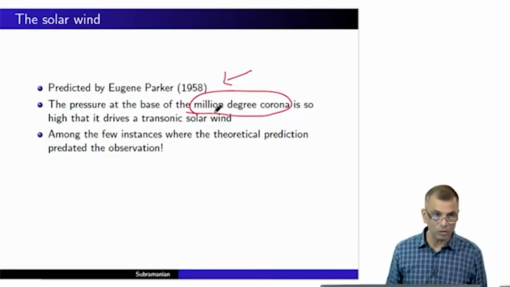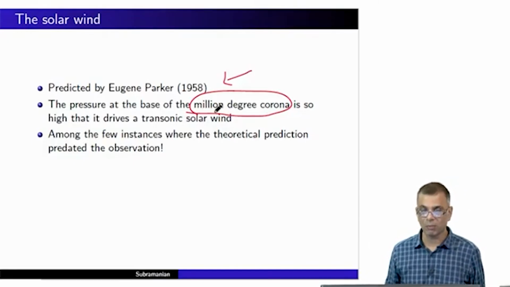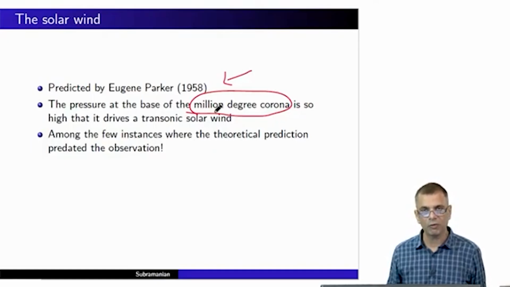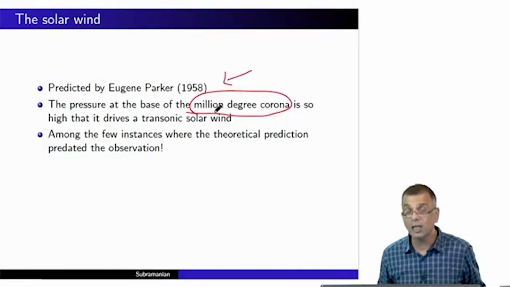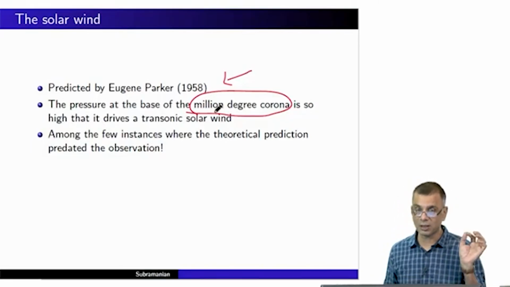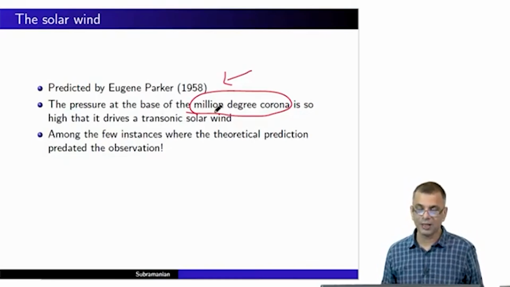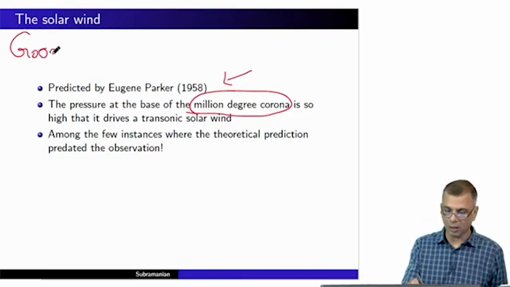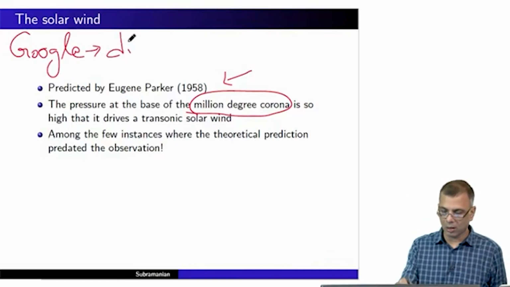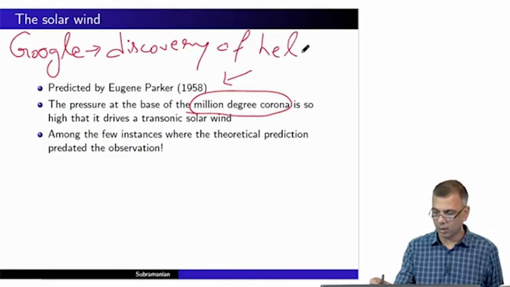And one of the most important eclipse observations in fact happened in Guntur back in the 1800s, and that is when helium was observed. Helium was discovered in the sun first and then on the earth, interestingly enough. So I would urge you to Google the discovery of helium.